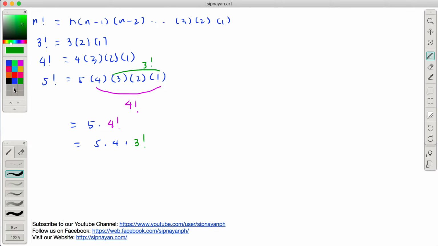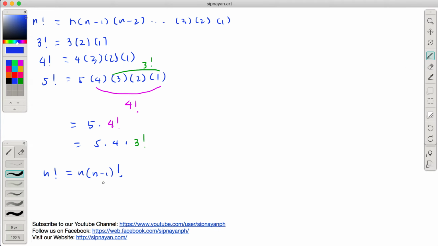So, ibig sabihin, pag meron tayong n factorial, pwede natin siyang isulat as n times n minus 1 times n minus 2 and so on. Okay, pwede tayo mag-start sa n-1 factorial. So, pwedeng ganyan, di ba?